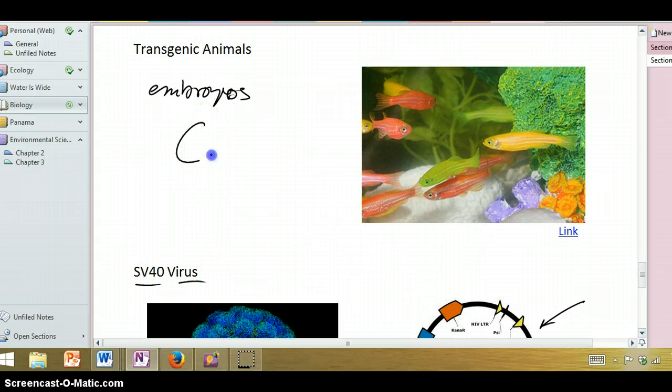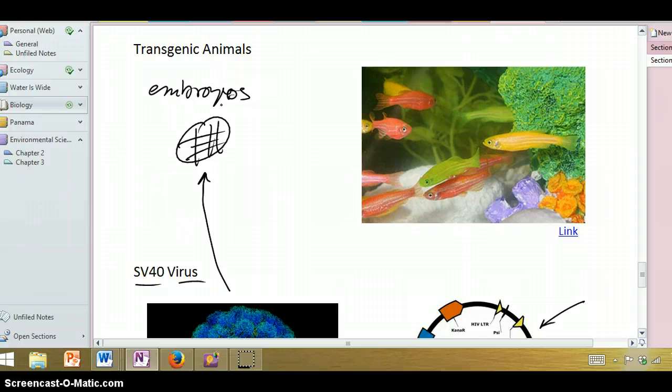Then you've got your embryo, this cluster of cells. You expose it to the virus, and viruses normally function by basically injecting DNA into host cells, and so that's what you want the virus to do in this case, to get your gene of interest into your embryonic cells.